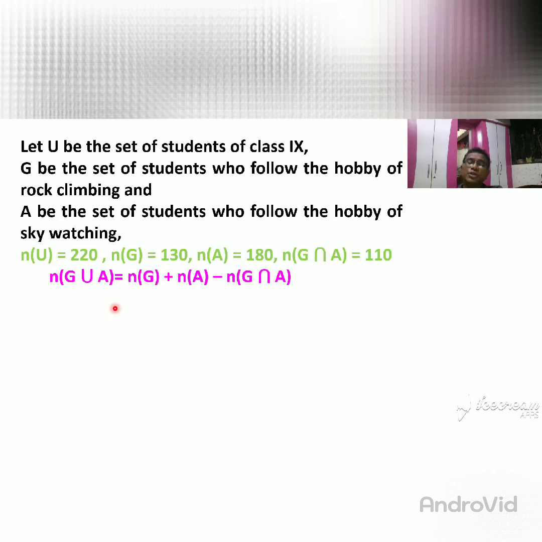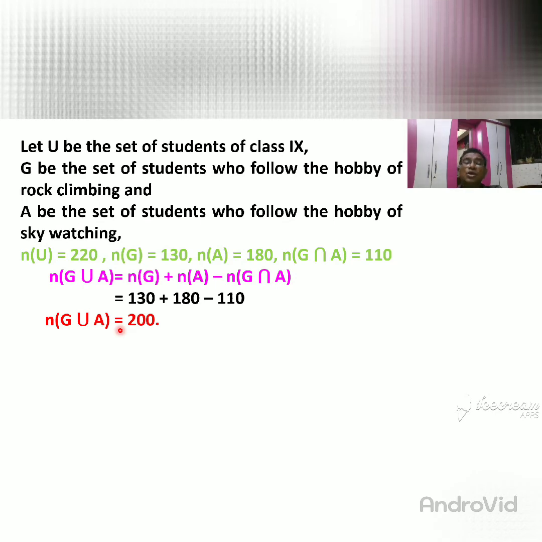So we substitute the values here. Rock climbing is 130, sky watching is 180, and the intersection, both hobbies, is 110 students. So what can we do? 130 plus 180 gives 310. Then 310 minus 110 gives 200.